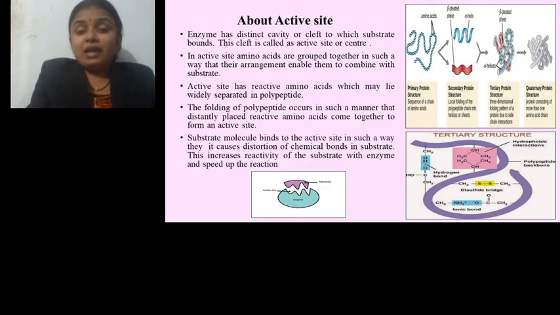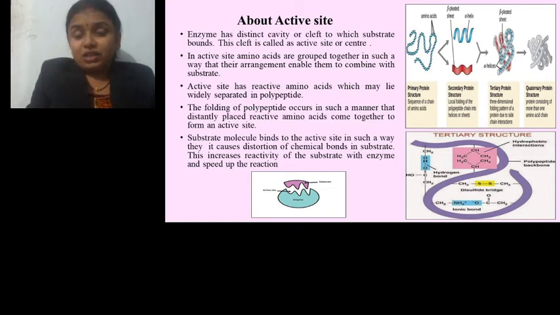Here in this diagram it is shown that polypeptide is the primary structure of protein, and this polypeptide is folded into alpha helices and the beta sheets, which is the secondary structure of protein. And alpha helices and beta sheets again interact to give the tertiary structure of protein.